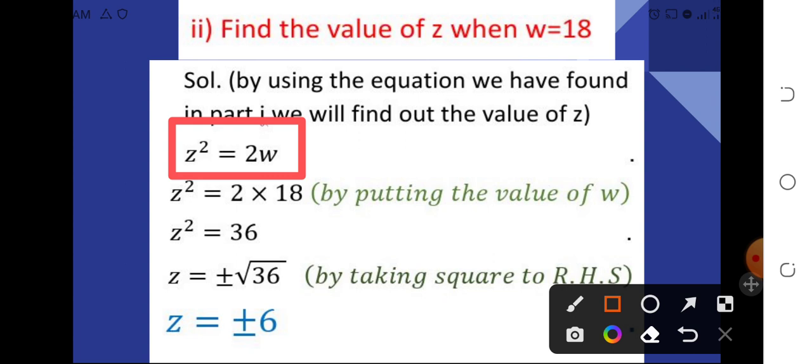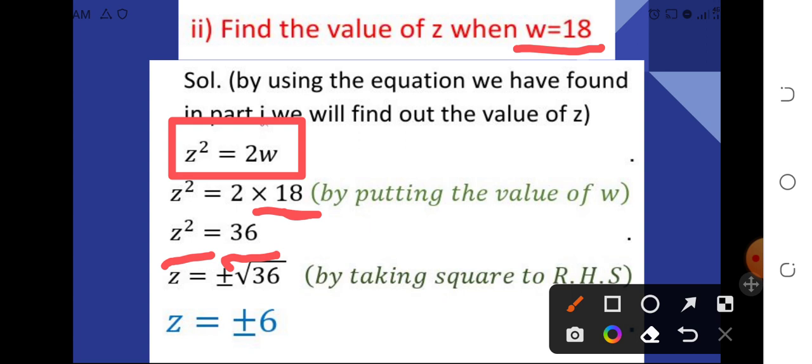By putting W equal to 18 in the equation, we get 2 into 18 is equal to 36. So Z square is equal to 36.